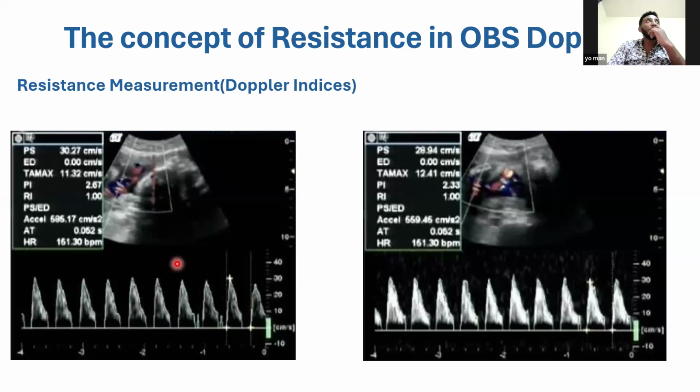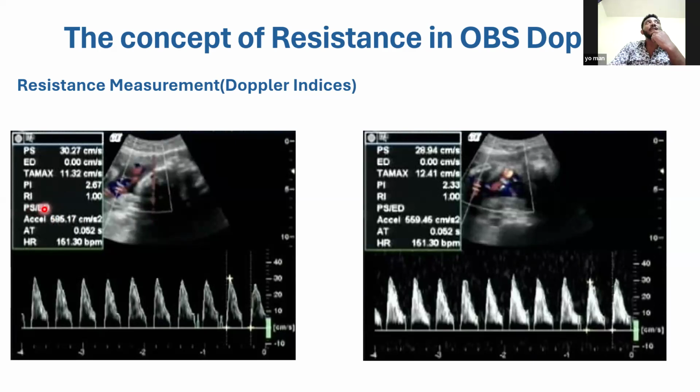Next, here is an indication of the formula. Here there is a well-identified spectral tracing. The peak systolic velocity is indicated here. The diastolic velocity is 0, because there is no diastolic velocity here. The Tmax is here, and the pulsatility index is indicated here. The RI is 1, so you don't have any information.